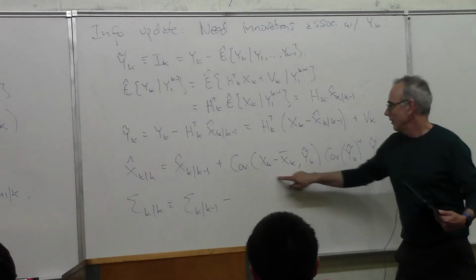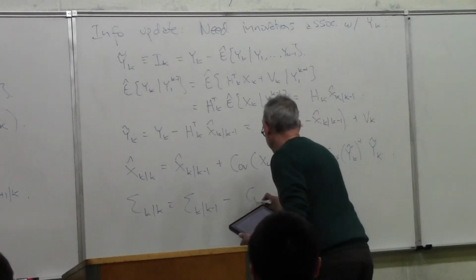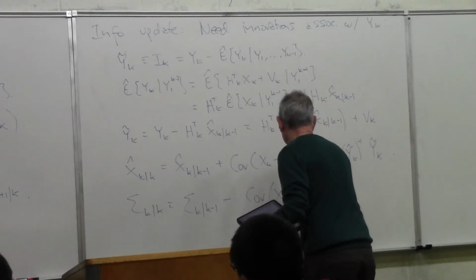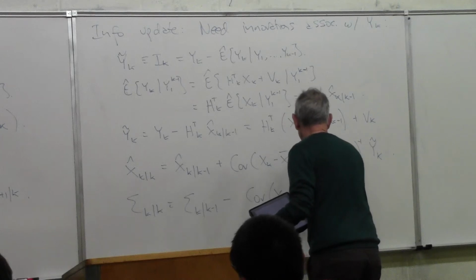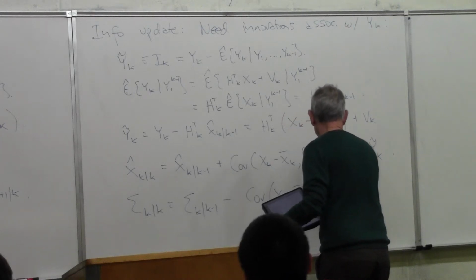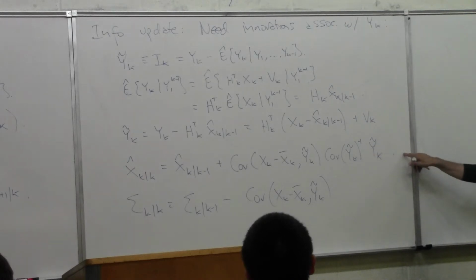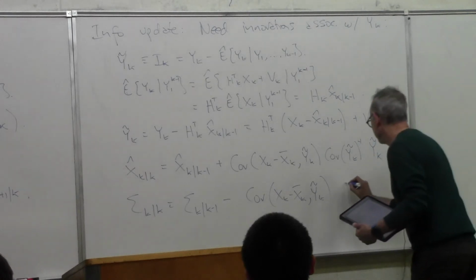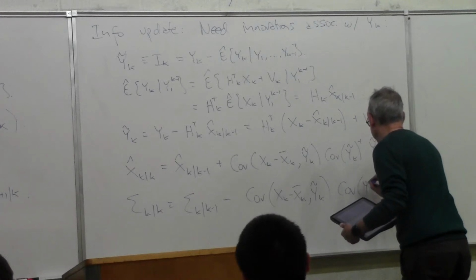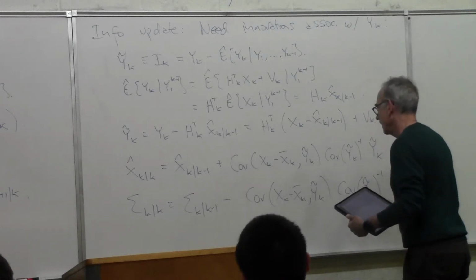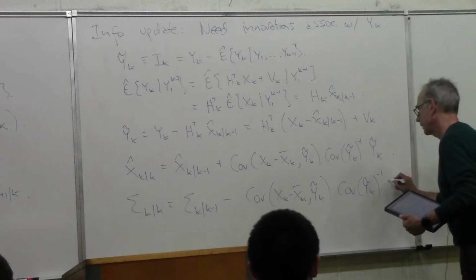So you'll get this, and you'll get this times the covariance of this times this, and one pair will cancel. And then you'll get this thing again.